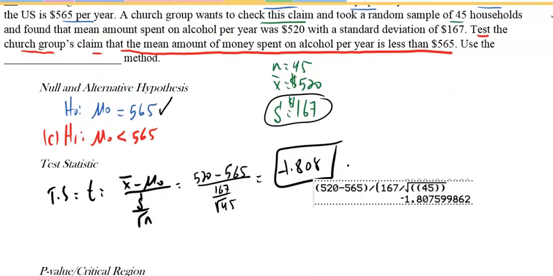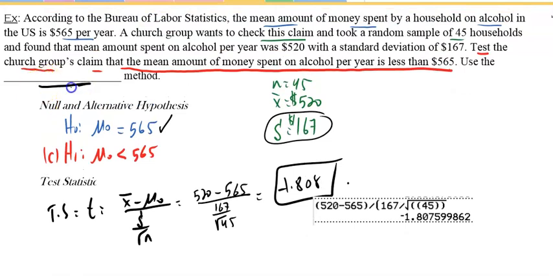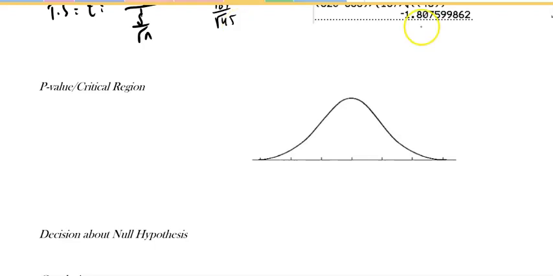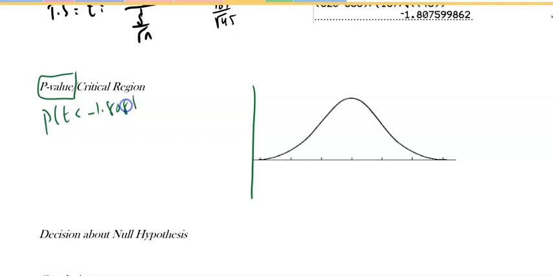Now, here we're supposed to pick which method we're going to use. We're going to do both. And in the next chapter, there are 3 methods. I'm going to do all 3 for you on every single problem. The p-value method says, hey, no big deal. Figure out the probability that t is less than negative 1.808.